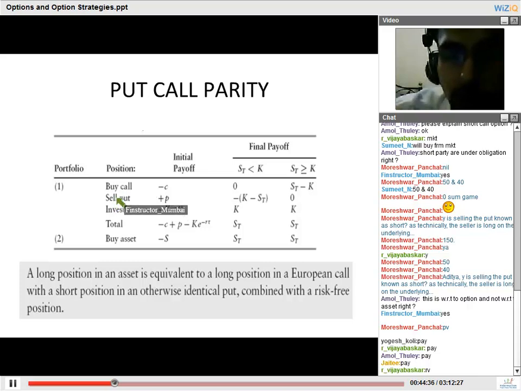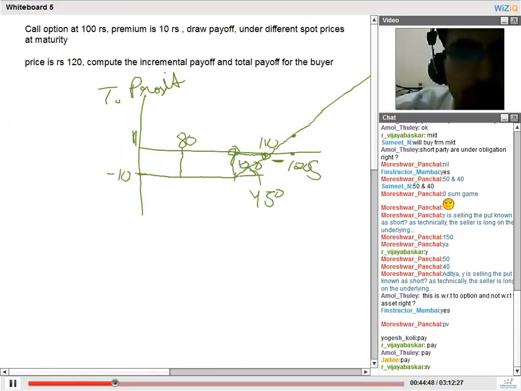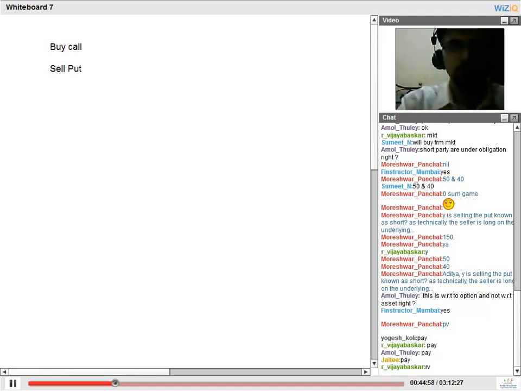So I have a portfolio in which I bought a call option, sold a put option, and invested K e raised to power minus RT in a bank. Buy a call, sell a put, invest K e raised to power minus RT in a bank.